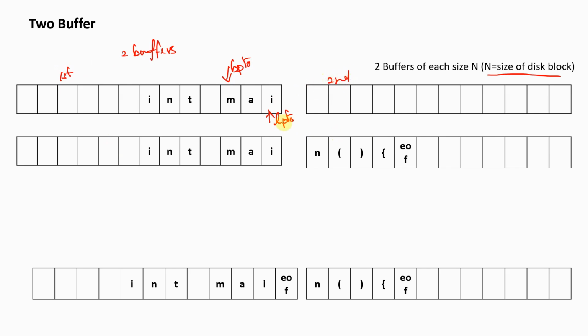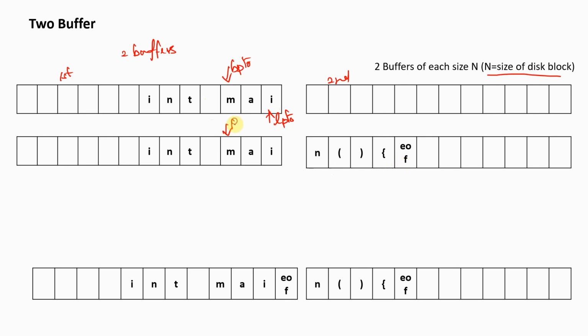Every time the look ahead pointer moves, it checks whether it is a character, an empty space, a special symbol, or the end of the buffer. If it reaches the end of the buffer, the second buffer gets loaded with the instructions.